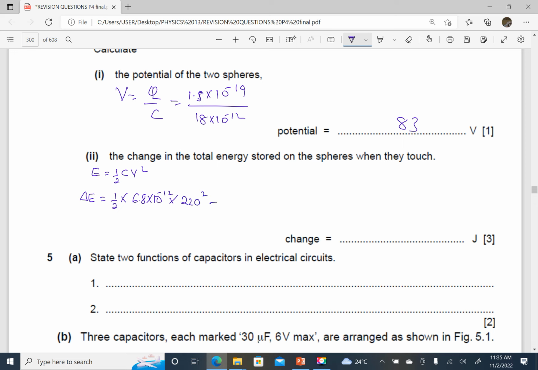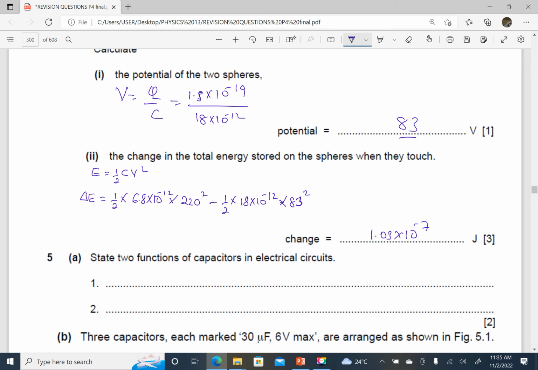Minus, now when they are together, a half times total capacitance 18 times 10 power negative 12, and we are seeing that the potential is 83, so this will be times 83 squared. So I press my calculator to get the difference, change in energy. The change in energy that I'm arriving at here is 1.03 times 10 power negative 7 joules.